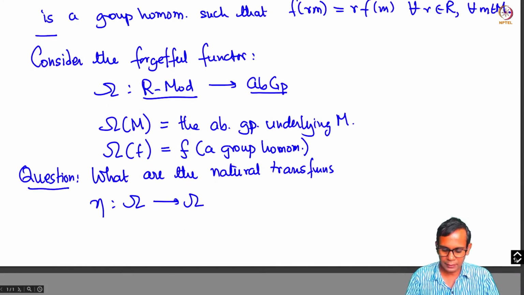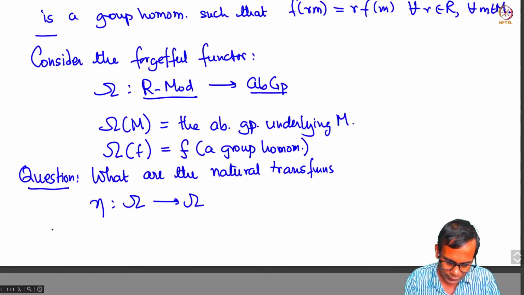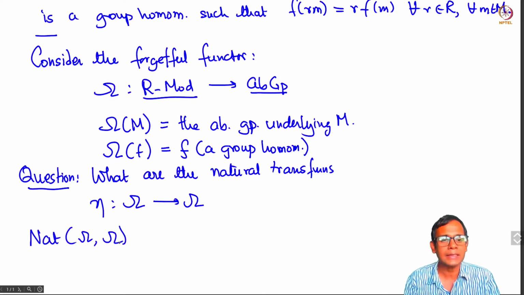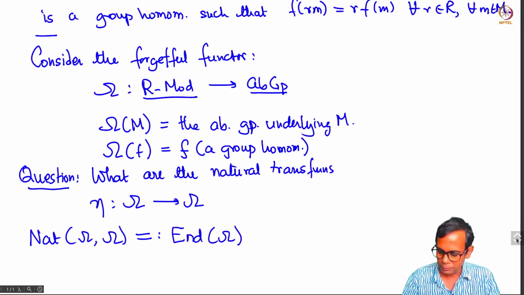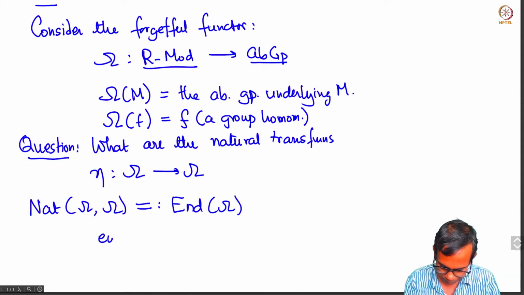This collection of natural transformations we can denote by Nat(omega, omega). So we are asking what is Nat(omega, omega), and sometimes this is also denoted by End(omega), which means the endomorphisms of the functor omega. That's just terminology.